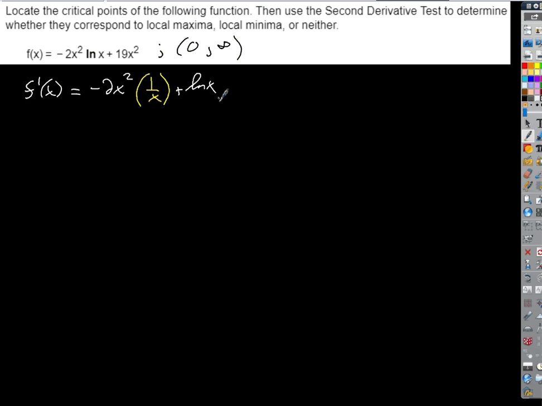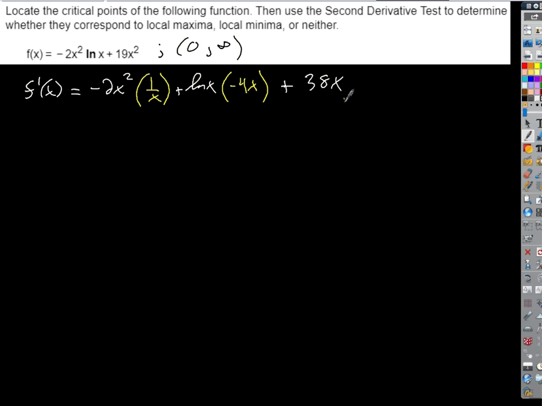Plus log x times the derivative of negative 2x squared, which is what? Plus the derivative of 19x squared. What's that? 38x. Okay, so there's our first derivative.